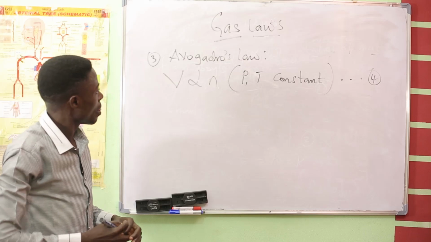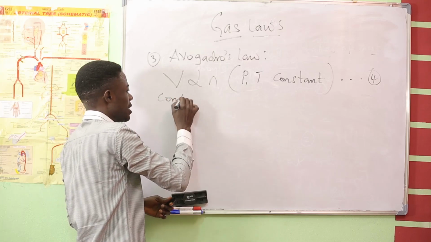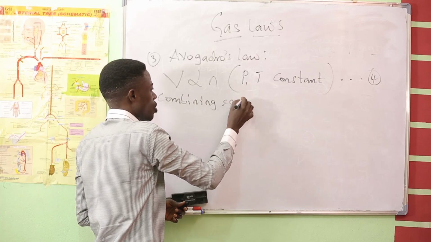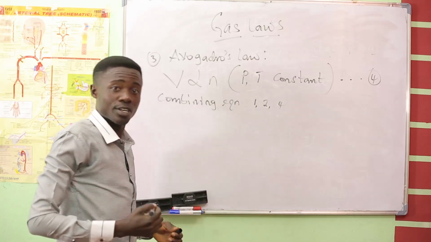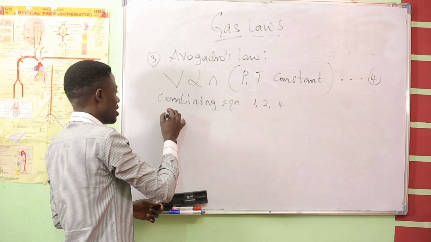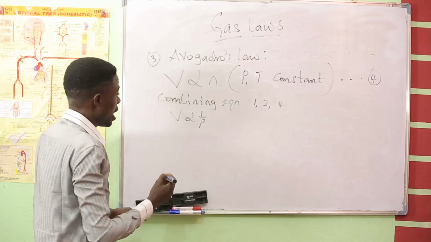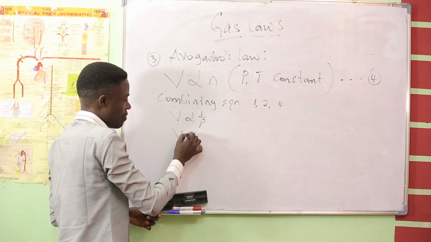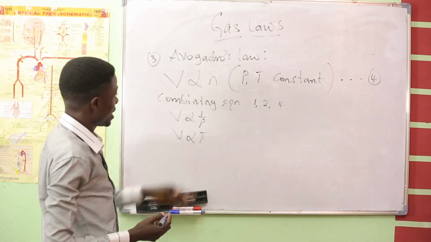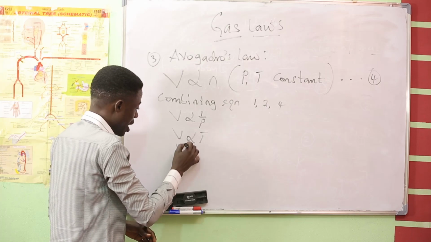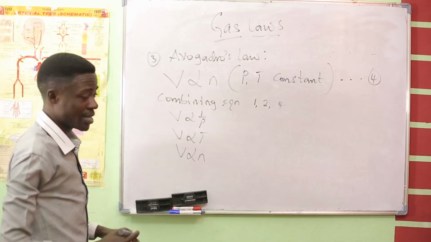Now, if I combine equation 1, 2, and 4, let's see what we are going to come out with. Equation 1 says V varies inversely with P. And then equation 2 says V varies directly with T, which is Charles' law. And then equation 4, which is Avogadro's law, we have V varying directly with N. So look at this.